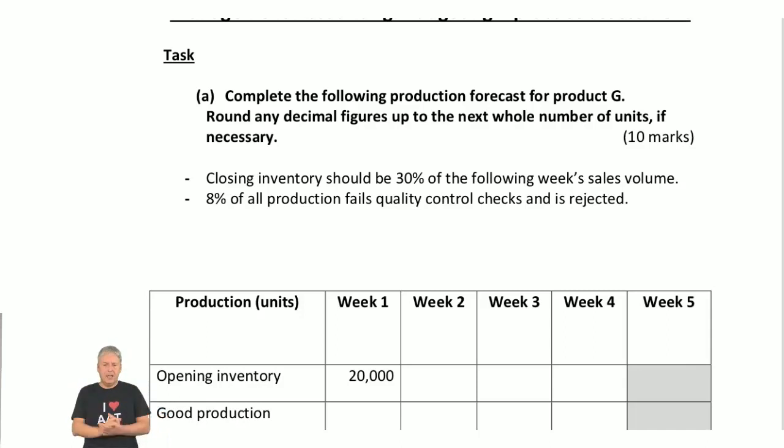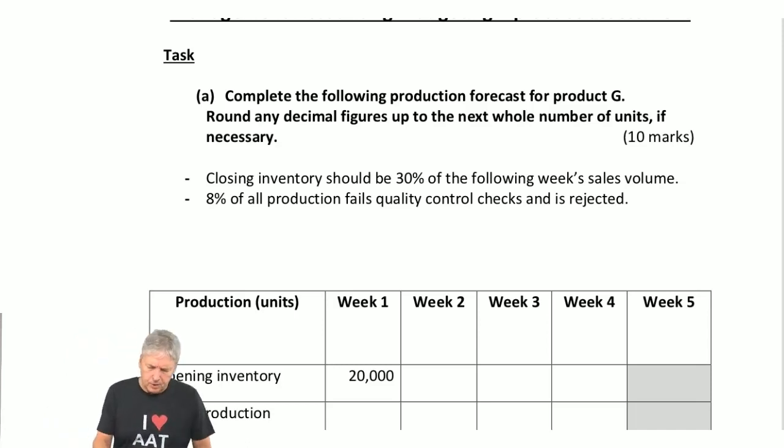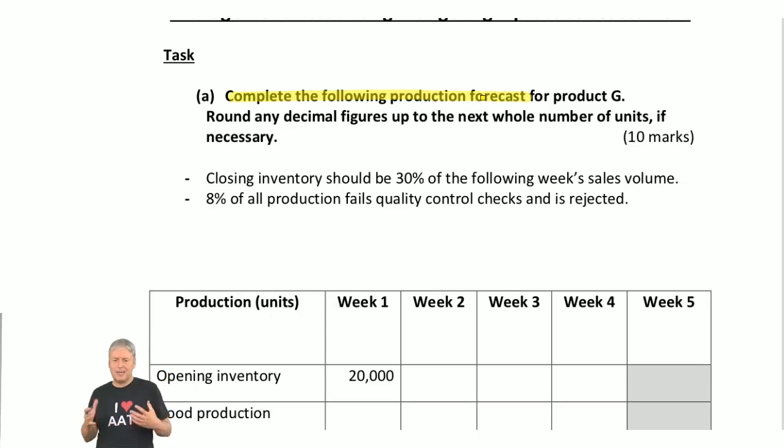So what we have here is what your examiner has set as a practice assessment task and what you can reasonably expect to get in the exam proper. So what have we got to do here? We've got to complete the following production forecast for product G, round any decimal figures up to the next whole number, if necessary.